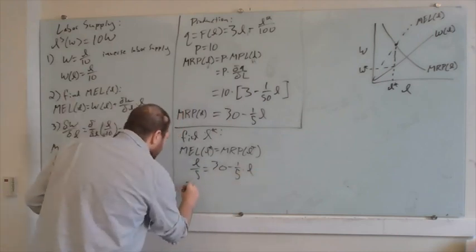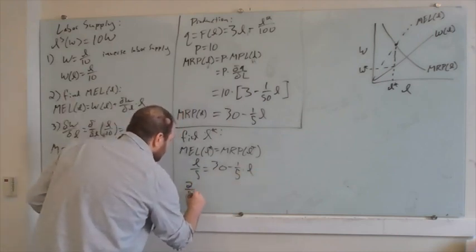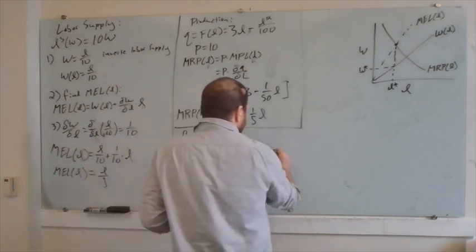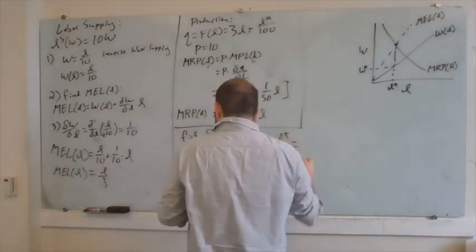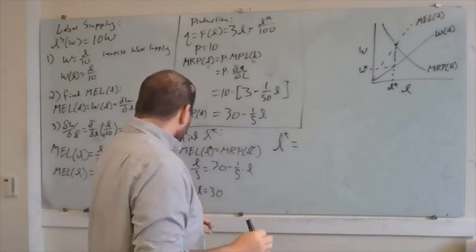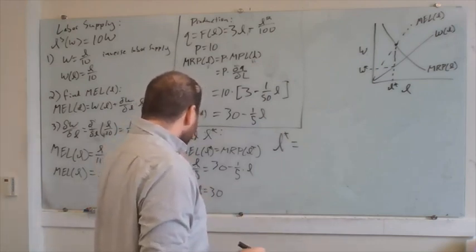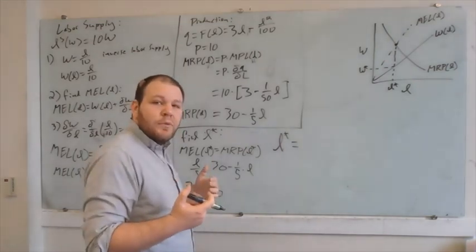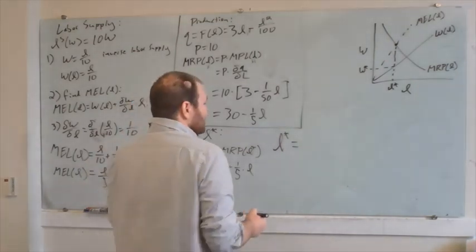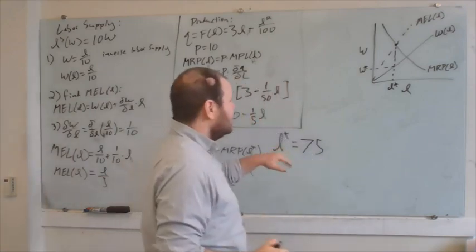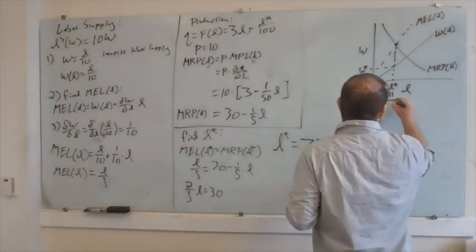Combine the L, so 2/5 L equals 30. L is going to equal 5/2 times 30, which is going to be, let's see, 1/2 times 30 is 15, so 5/2 times 30 is 15 times 5 is going to be 75. Lovely. Okay, so we're going to hire 75 workers.